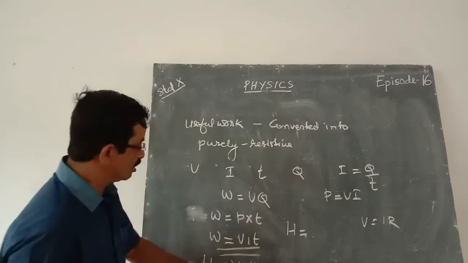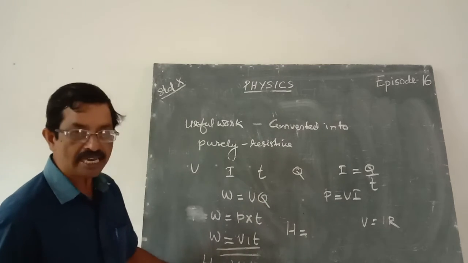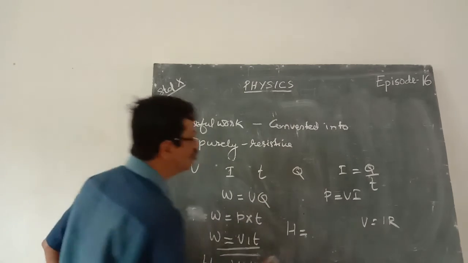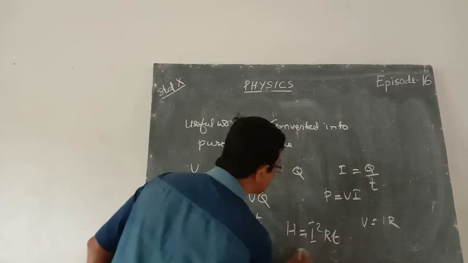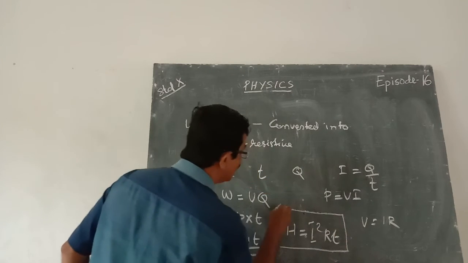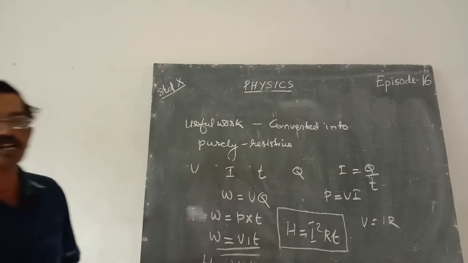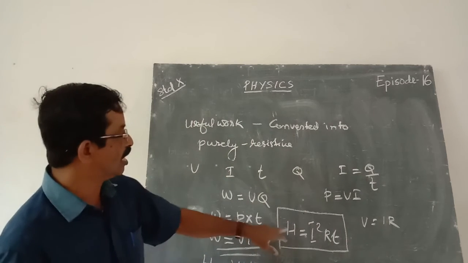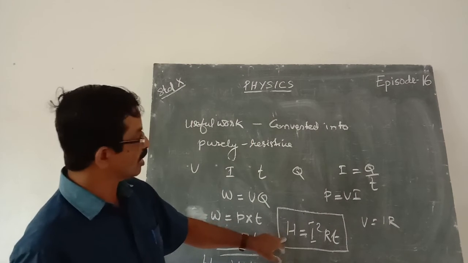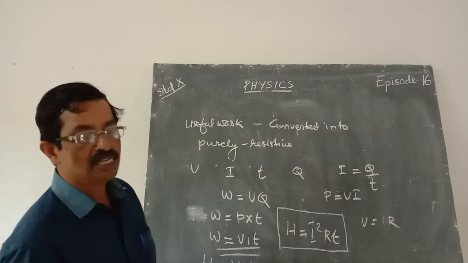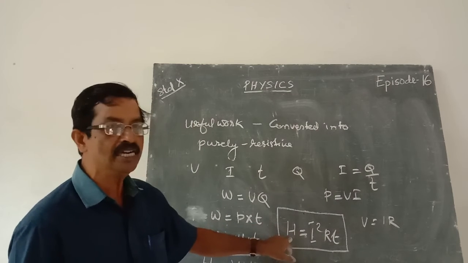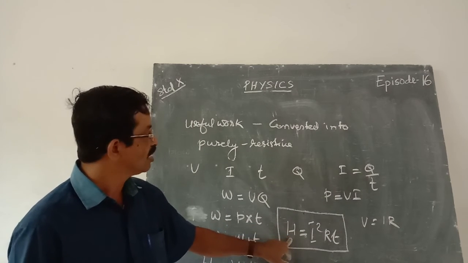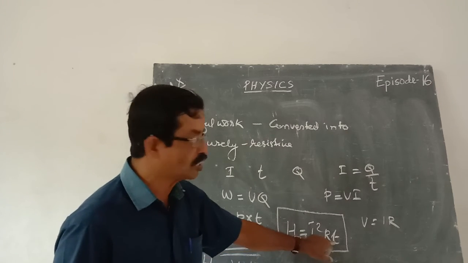So this V we replace with IR, and the relation becomes I square RT. That means the heat produced becomes H is equal to I square RT. This relation is called Joule's law of heating.